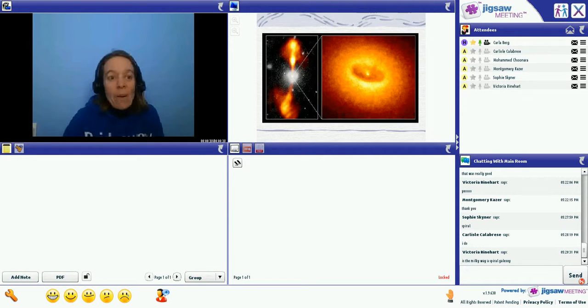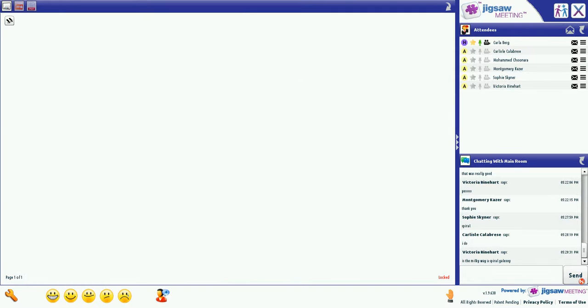Okay, so what we're going to do now, and how I like to sort of tie up my learning labs, is we're going to think about and look at what it takes to be an astronaut. So let's go to our whiteboards.